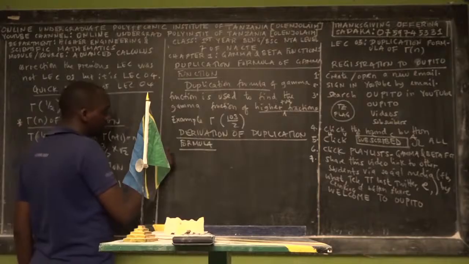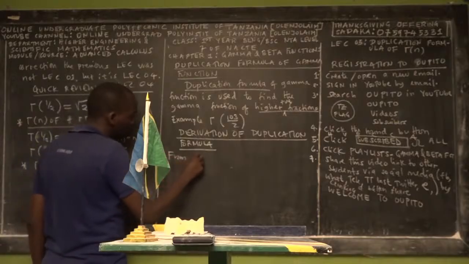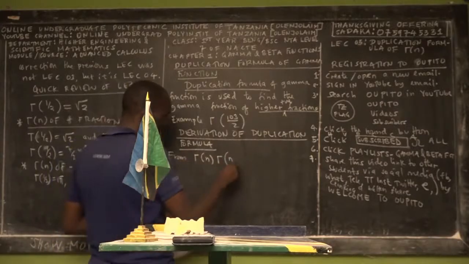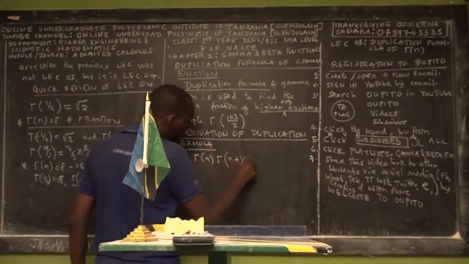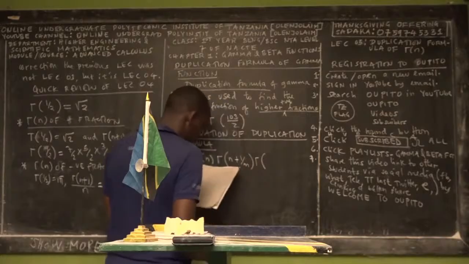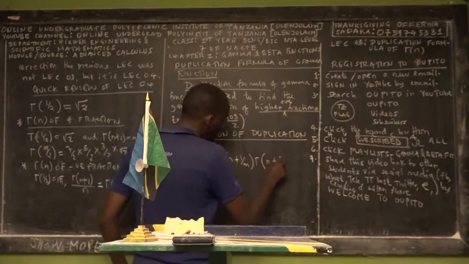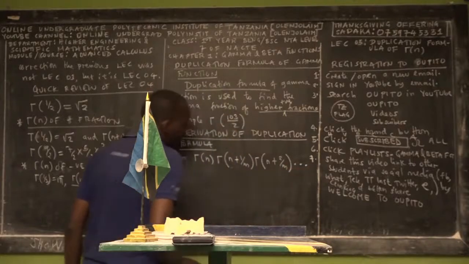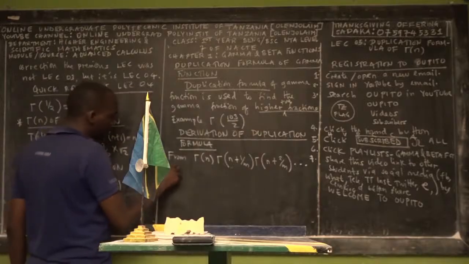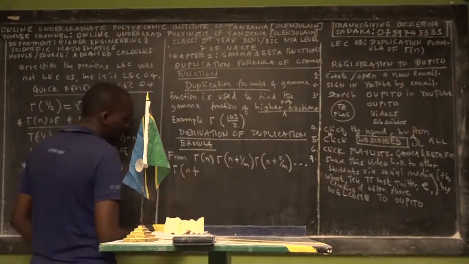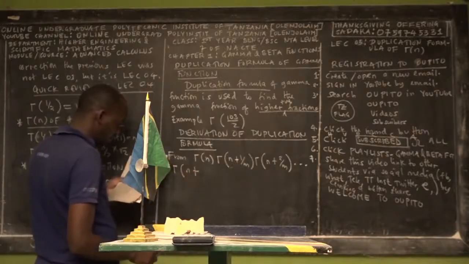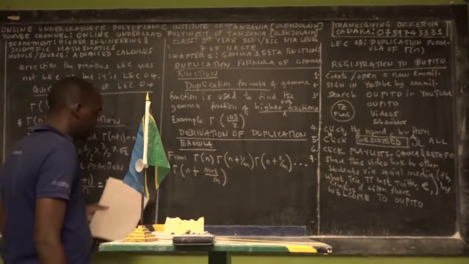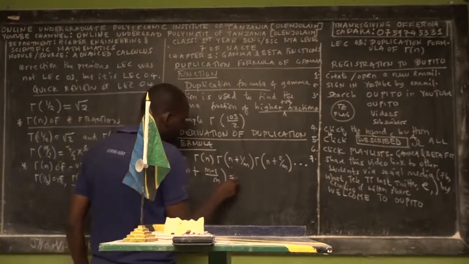So you say that from the fact that gamma of n times gamma of n plus 1/m times gamma of n plus 2/m, and this continues to gamma of n plus m minus 1/m, is equal to the right hand side.